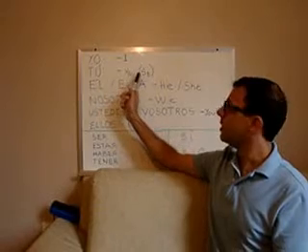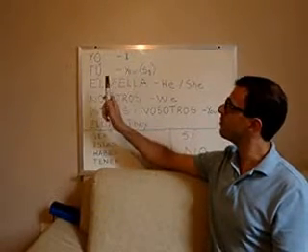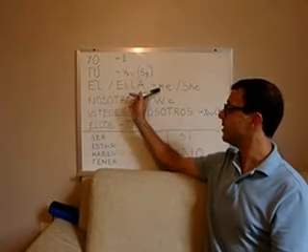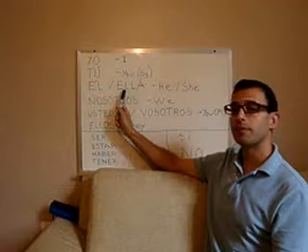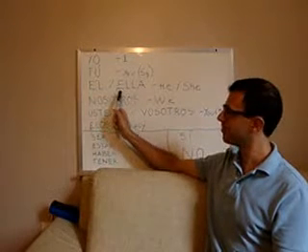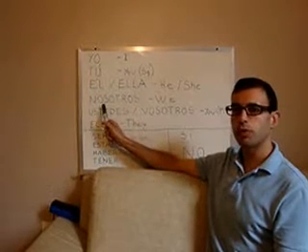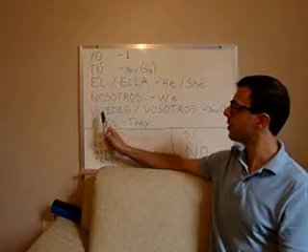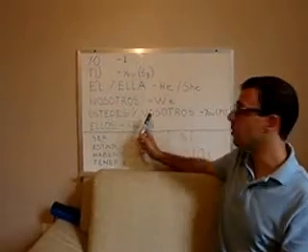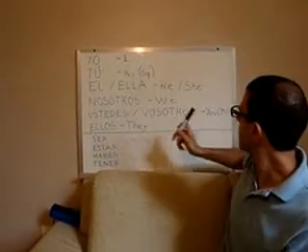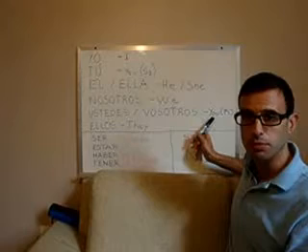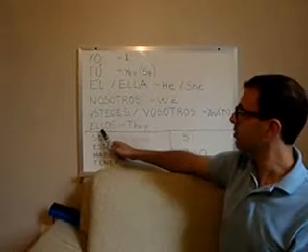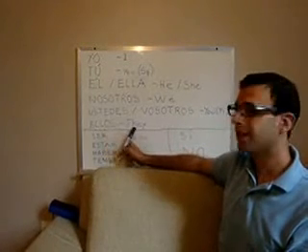Tú is singular for you. Él is he. Ella is she. Nosotros, we. Ustedes or vosotros would be the plural for you. Ellos would be they.